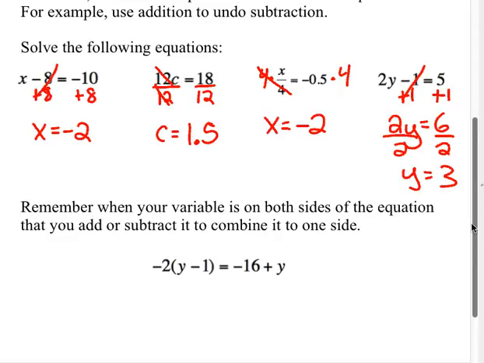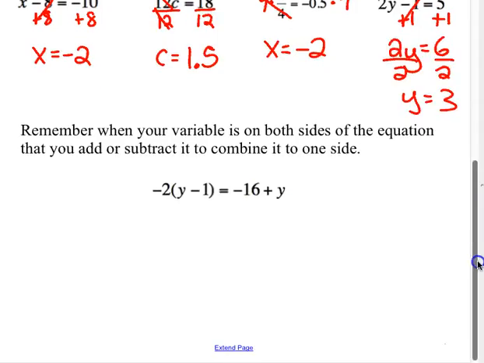Now, what happens when the variable is on both sides of the equation? So then you have to add or subtract it to combine it so it's only on one side. So now this, you actually have to do a little bit more than that, because notice this side is a little bit messy, okay? So I'm going to take care of that first. I'm going to multiply that negative 2 throughout. Negative 2 times negative 1 is a positive 2.